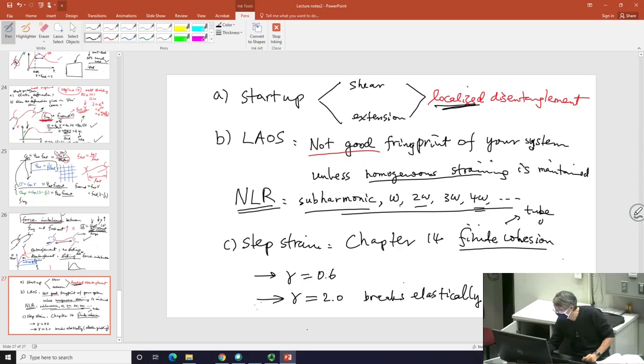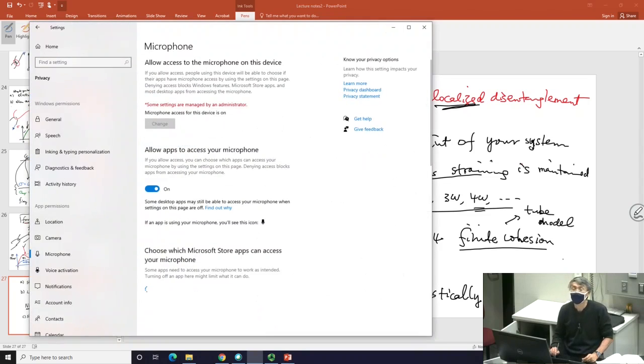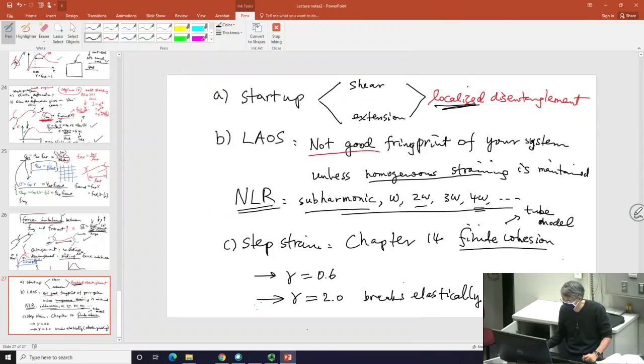In other words, it cannot tolerate any amount of step strand, because any amount of step strand after Rouse time will witness chain retraction, which means the deformed structure undergoes some change.